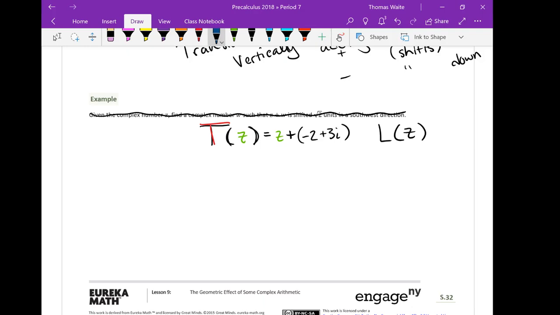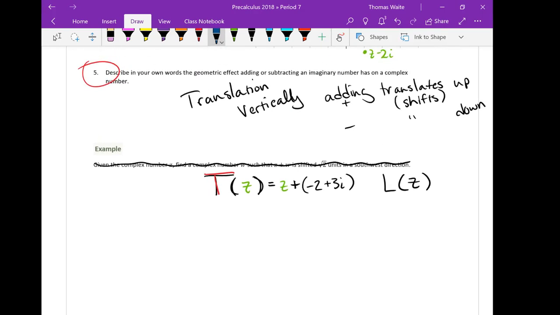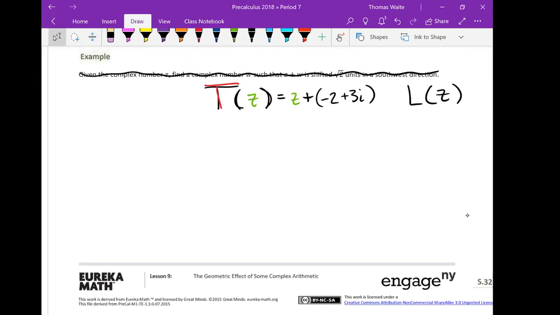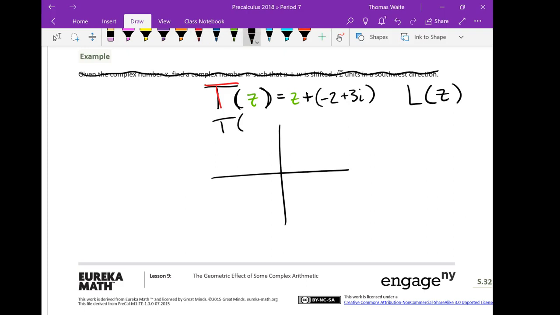What we want to take away from this lesson is to be able to describe what this transformation would do geometrically. So if I draw a picture, I imagine I take in some point. For example, let's go T of, the real number 2. T of 2, well, that's just going to be 2 plus negative 2 plus 3i.